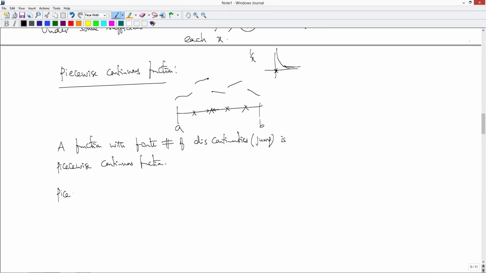But what we prove later on is for a piecewise smooth function. So, that means a continuously differentiable function.